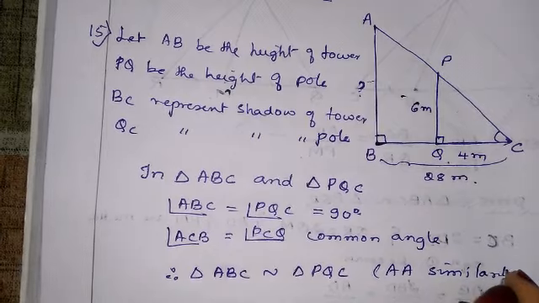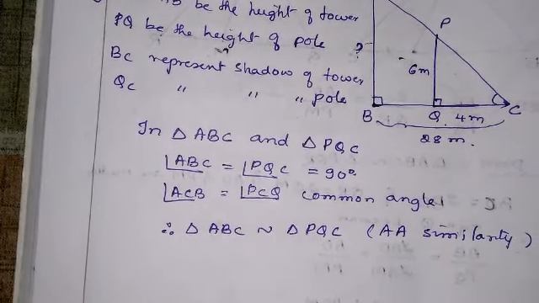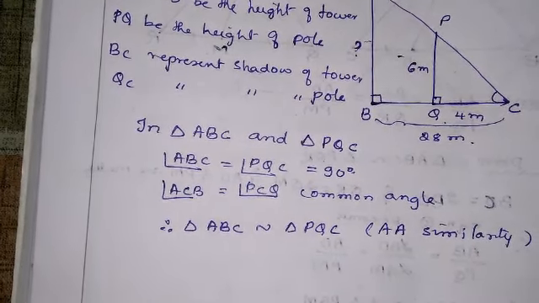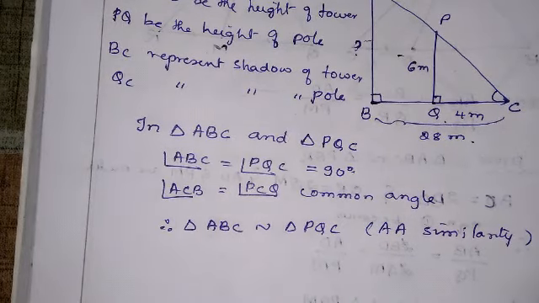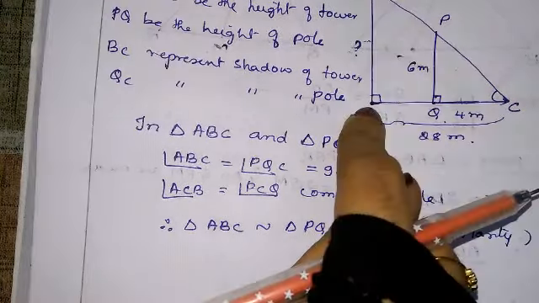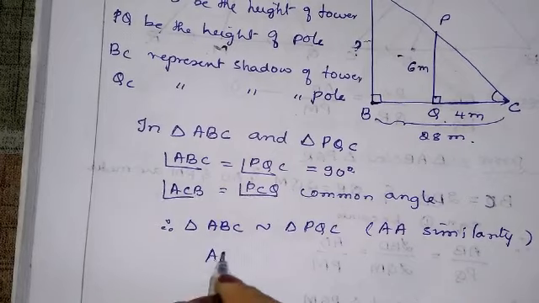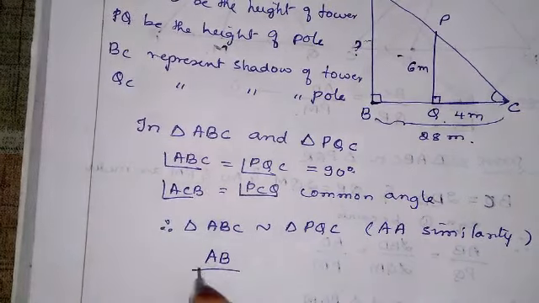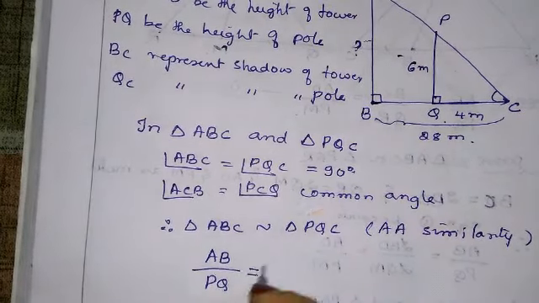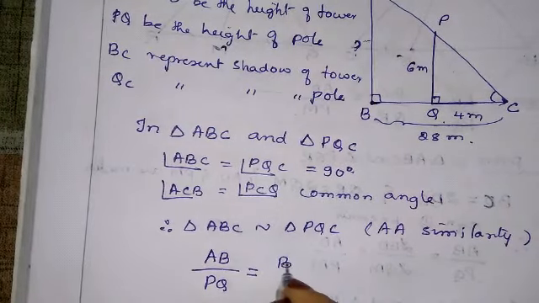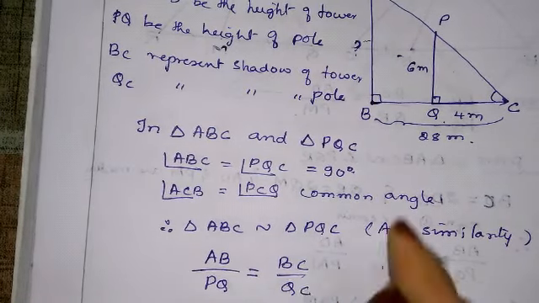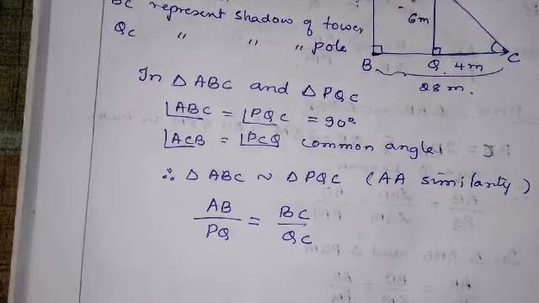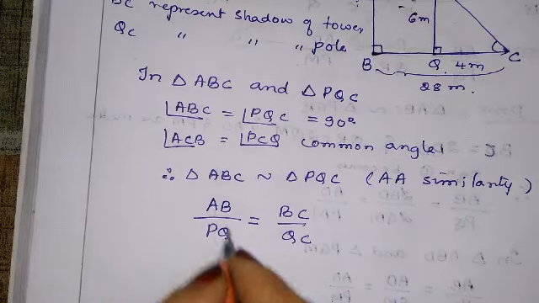Now once the triangles are similar, their corresponding sides are in proportion. Let us write which corresponding sides we want. AB by PQ is equal to BC by QC. Corresponding sides are in proportion. AB we need to find.